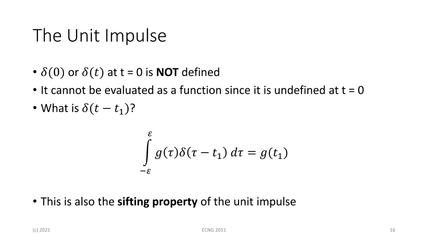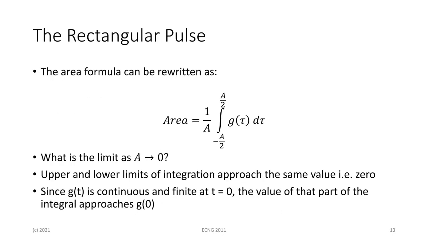Right. So when we were doing the integration, let's go back a little bit. When we were doing this, we said what happens to the limit as a gets to 0. So in other words, if a gets to 0, this here is going to approach 0.